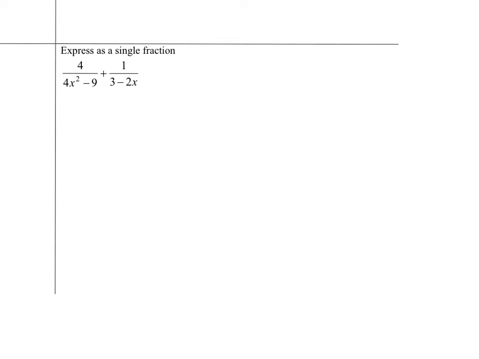Next question. Now to do this kind of question, we always need to check first: is the denominator fully factorized? We can see that the denominator here is 4x squared minus 9. Well, there can be some form of factorization going on. We have the concept a squared minus b squared equals a plus b, a minus b.